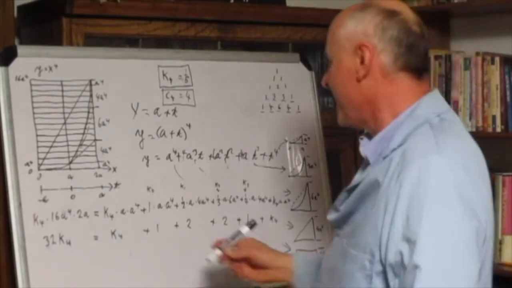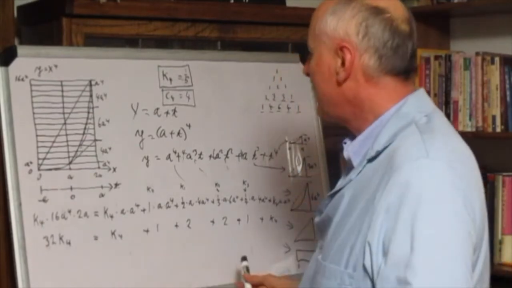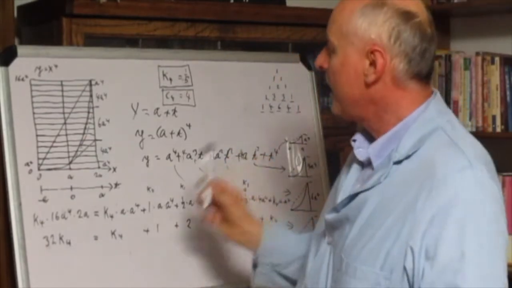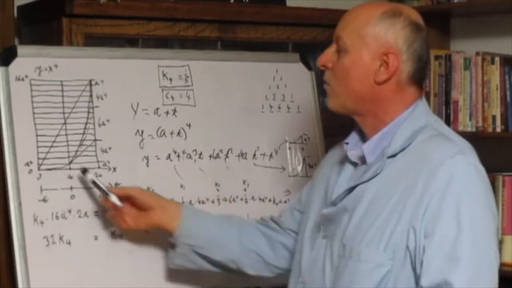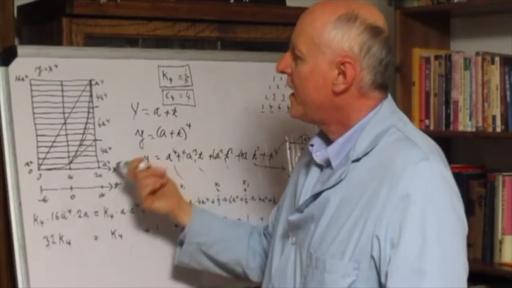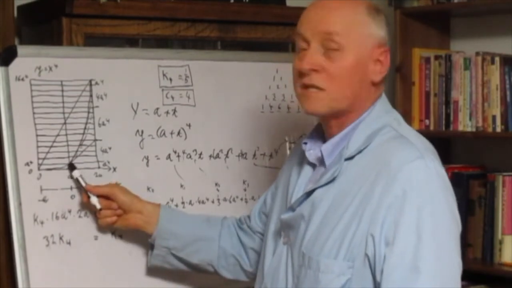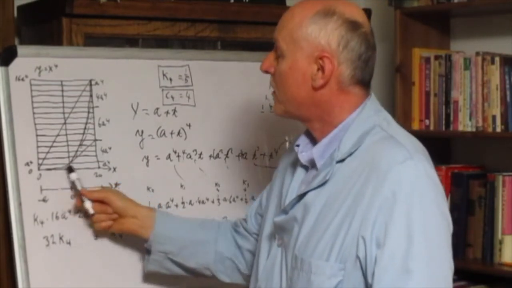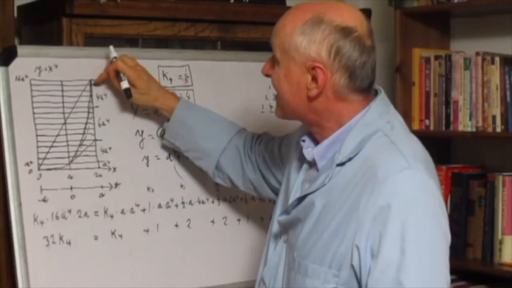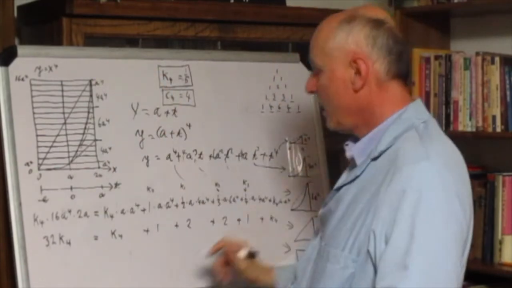That's okay. Let's do one more thing. Normalize by K4 just to see the relative areas. And everything is normalized to the smallest area, that being right here, as well as this tiny little thing. So let's do that.